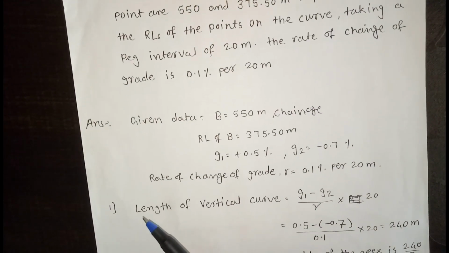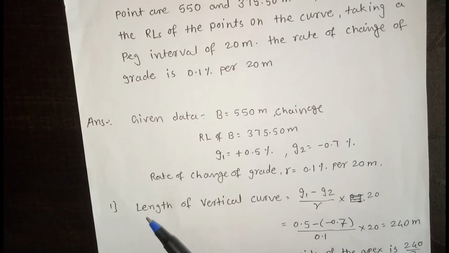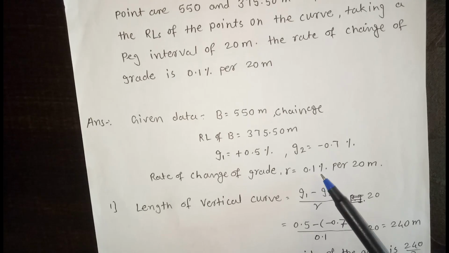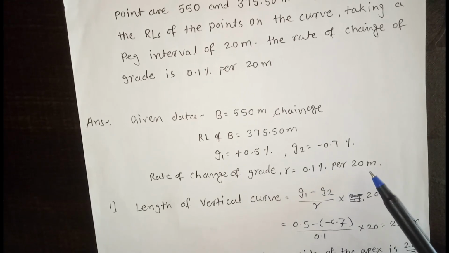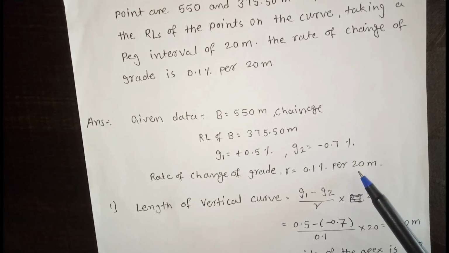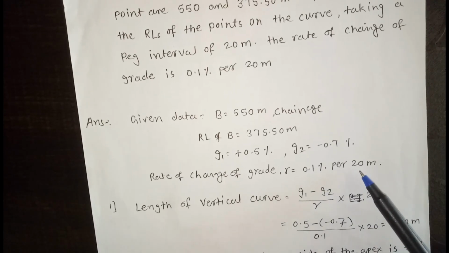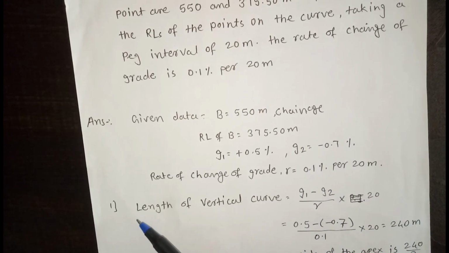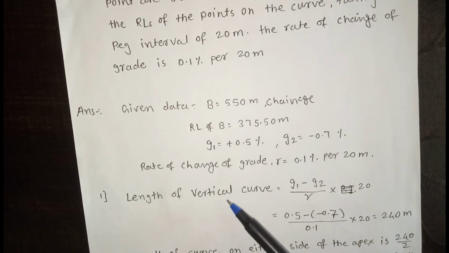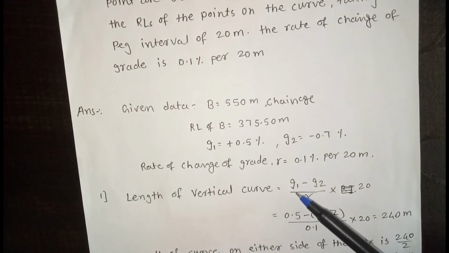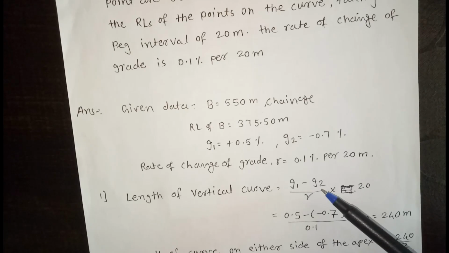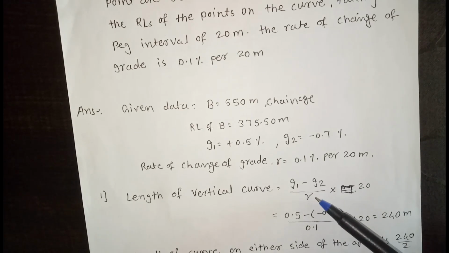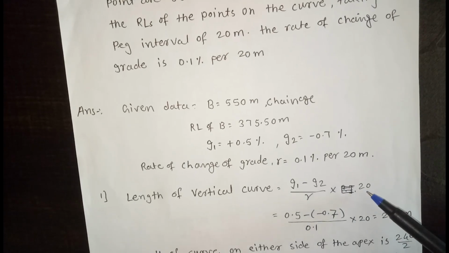First design step is, this is also a very important point: the rate of change of grade is 0.1% per 20 meter. This is not the peg interval, this is 0.1% per 20 meter. Now length of vertical curve is equal to G1 minus G2 divided by R, where R is the rate of change of grade per 20 meter.